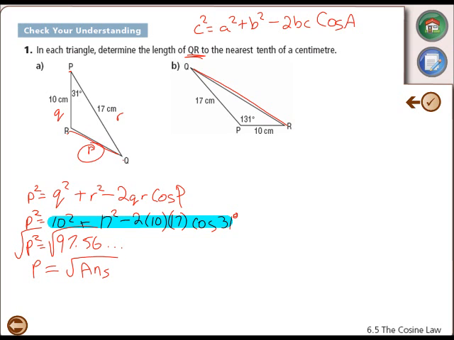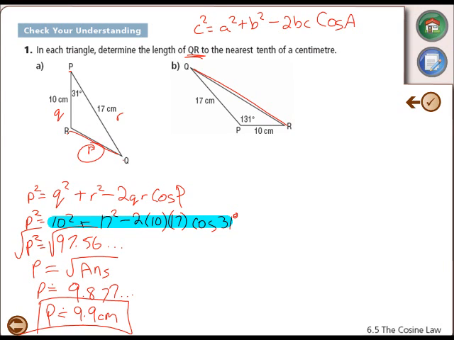You can't type in the 97.56. And then when you hit that, we get approximately 9.877 dot dot dot, and we want it to the nearest tenth. There we go. p equals approximately 9.9 centimeters. Done deal on that one. Let's check out the next one.